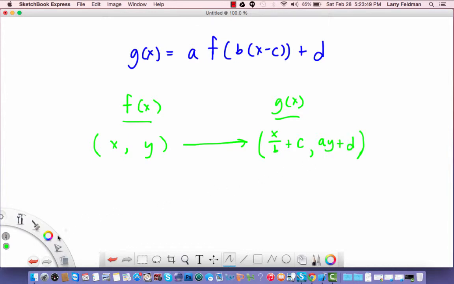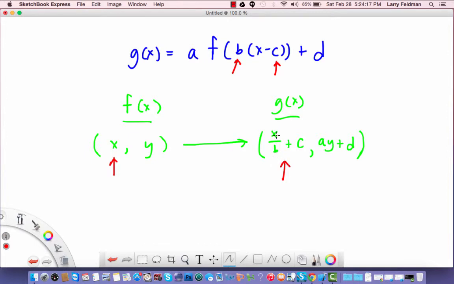So let's look at that a little bit deeper. If you recall from the first video, b affects horizontal stretch, shrink, and reflection over the y-axis. c affects the horizontal shift. So the x value here is only affected by b and c. And sure enough, our new x value is only affected by b and c.